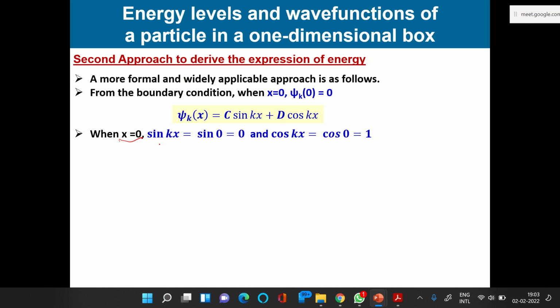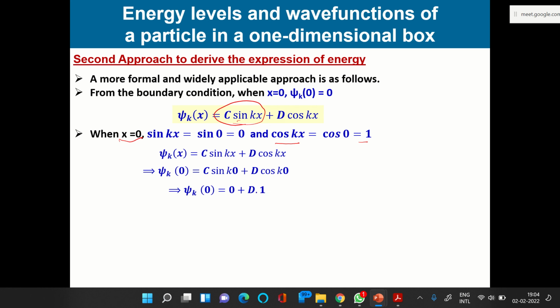Sine kx, substitute the value of 0, so this term goes to 0, sine 0 is 0, so only d cos kx remains. Cos 0 will become 1. So that means psi is equal to d. So d must be 0, because psi has to be 0 at x is 0. So this is the boundary condition: it touches the boundary, and the psi must be 0.